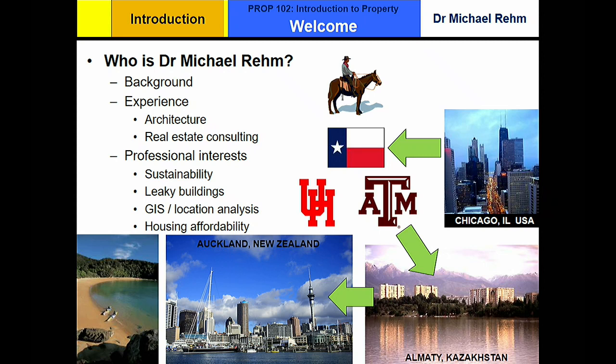So my background, originally from the U.S., originally from Chicago, Illinois, not the big smoke, but the suburbs of. Most people in places like Chicago, big cities in the U.S., really live in the suburbs, not in the proper city. So I lived around Chicago. And when I was going to school, I had no earthly idea what I wanted to do.